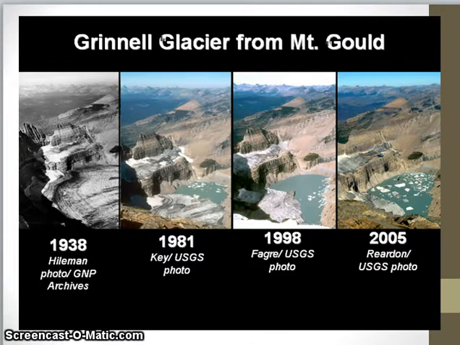You can see in 1938, a black and white photo, all of the gray, stripy, dirty white area was glacier. In 1981, you see the glacier has retreated and there's a glacial lake. 1998, less glacier, lots more lake.